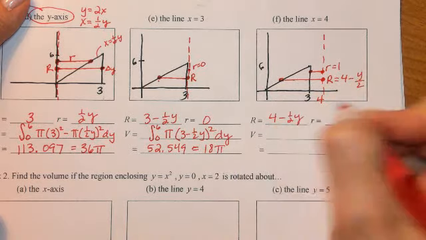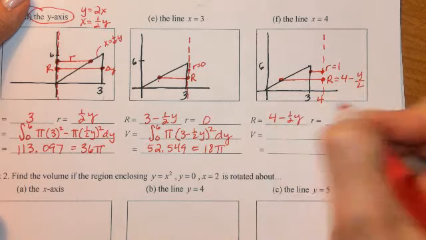Okay, same region. Let's revolve it around x equals 4. X equals 4 is way out here, right? From your axis of revolution to the far side of your region is your big R. From the axis of revolution to the close side of your region is your little r. Little r here always has length 2, 4 minus 2.